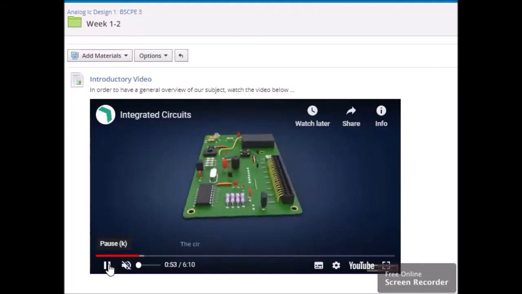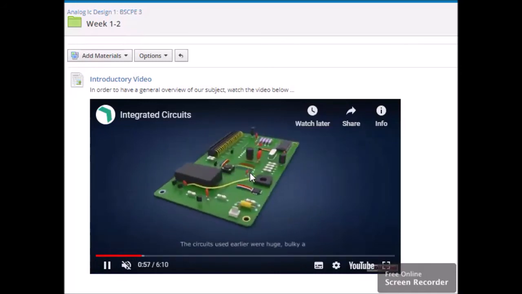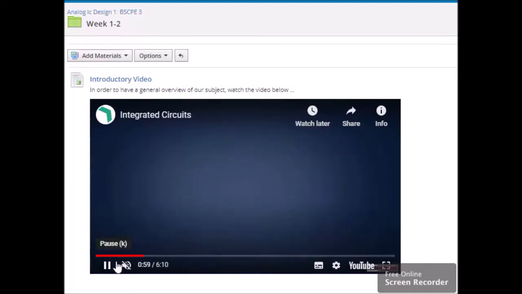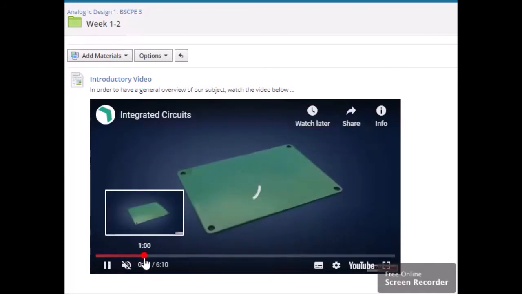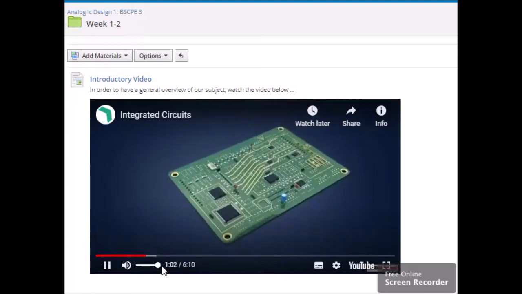Kaya yung ating mga circuits before are big, bulky, and somehow unreliable. Parang mga project type lang, 'di ba? So big, bulky, and unreliable. But with the introduction of IC, tingnan natin.